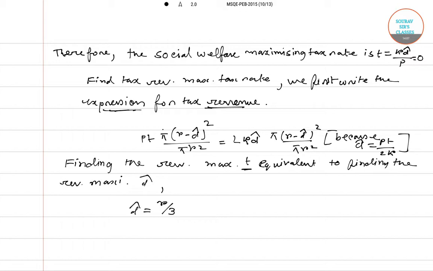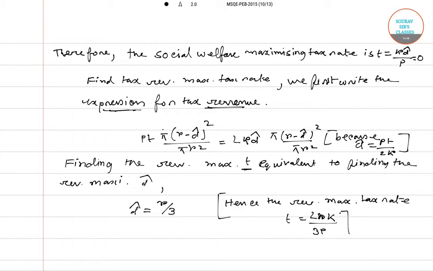So hence the revenue maximizing tax rate will be t equals 2rk by 3p. So it will be like this.